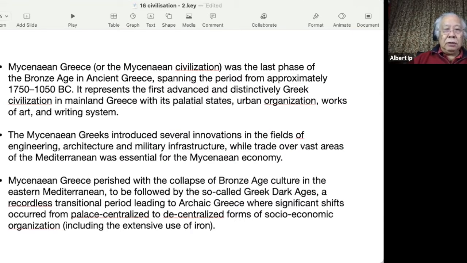Then somehow it perished with the collapse of the Bronze Age culture in the Eastern Mediterranean, to be followed by the so-called Greek Dark Ages. For that period, there are not many records, so we don't know much about it. So that's called the Dark Ages.